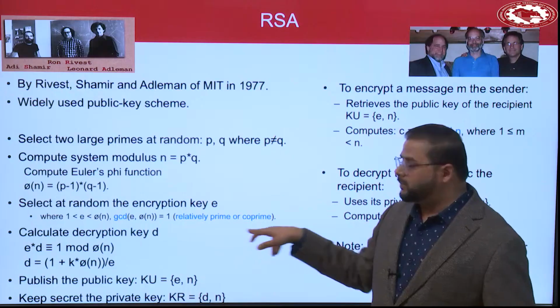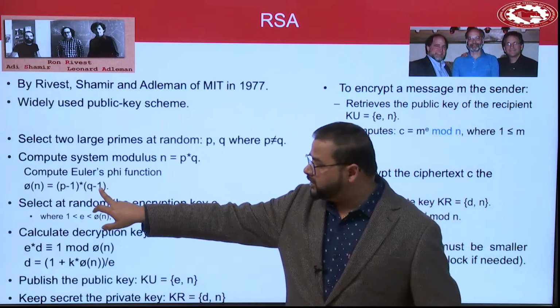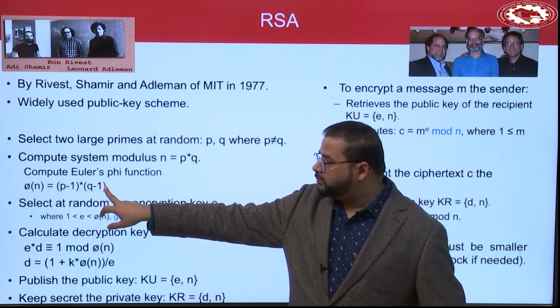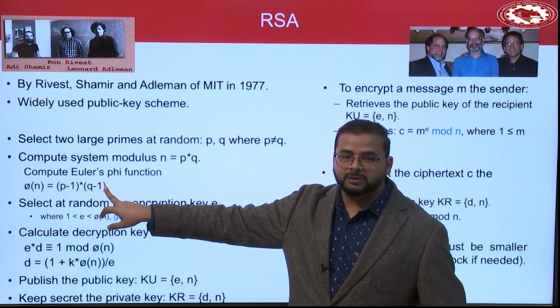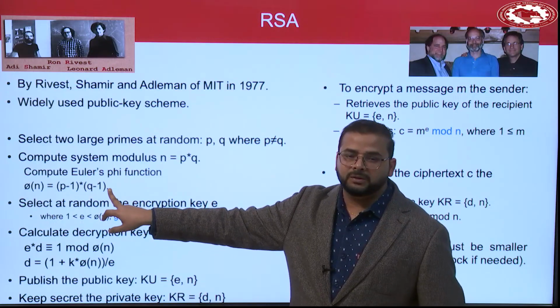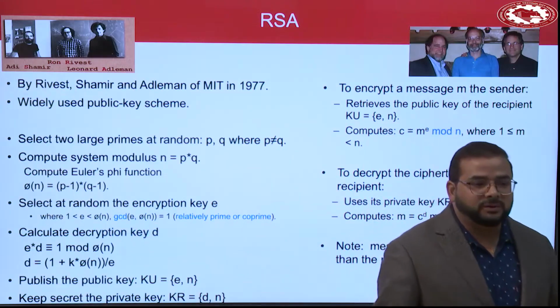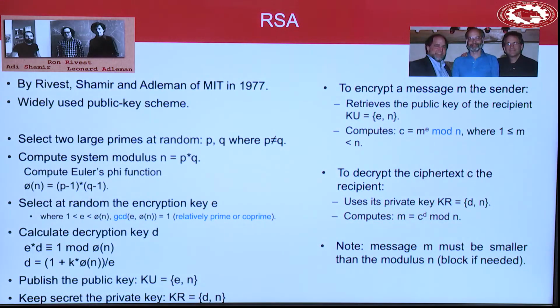So they should be relatively prime to each other. So let's say phi n is, for example, 18. E should not share a factor with 18. What are the factors of 18? 2, 3.